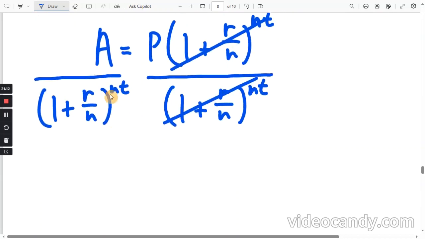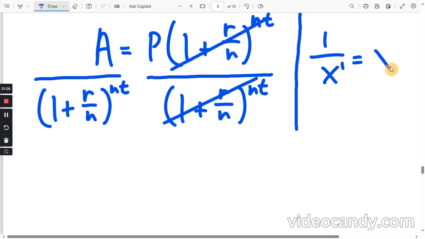Now, instead of having it in the denominator, I'm going to take this whole thing and shift it up. Remember, when we did negative exponents, if you have 1 divided by x, and x is to the first power, that's the same as x to the negative 1. If you take this whole denominator and shift it up, you change the plus or minus sign on the exponent.